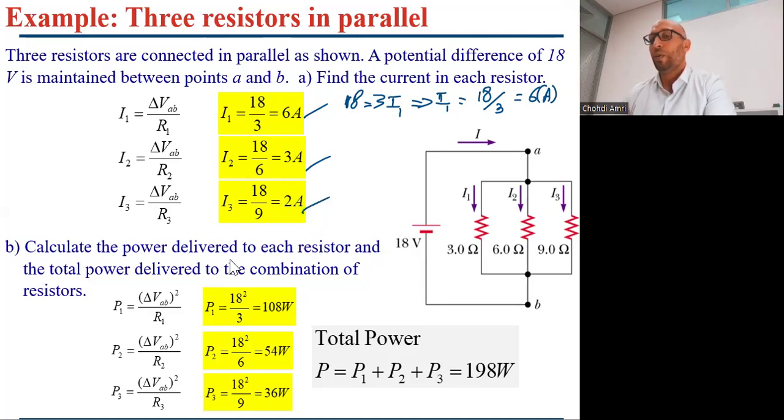Now he's asking about the power delivered to each resistor and the total power delivered to the combination of the resistors. Okay, so what is the power delivered to the resistor R1?